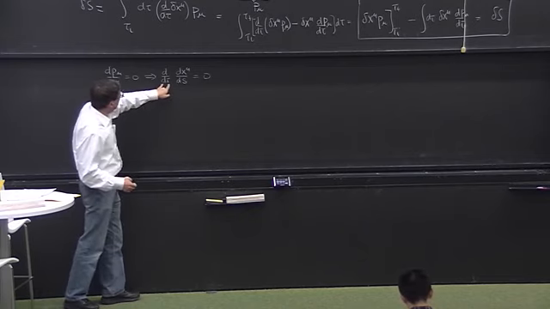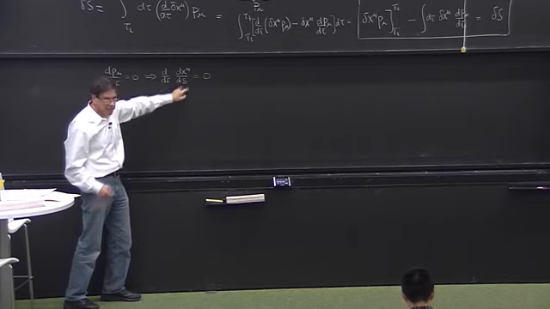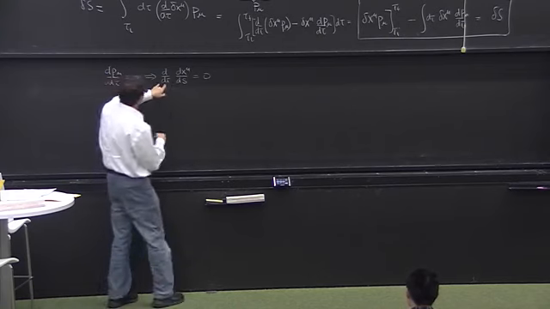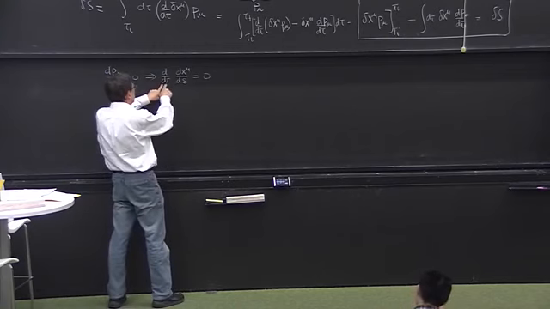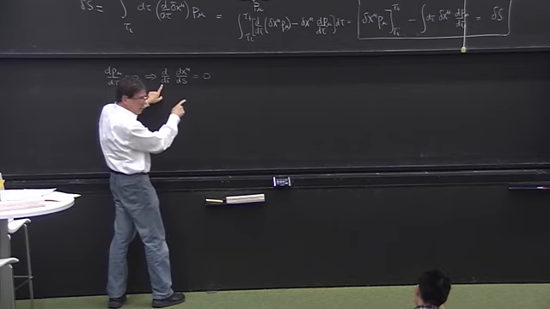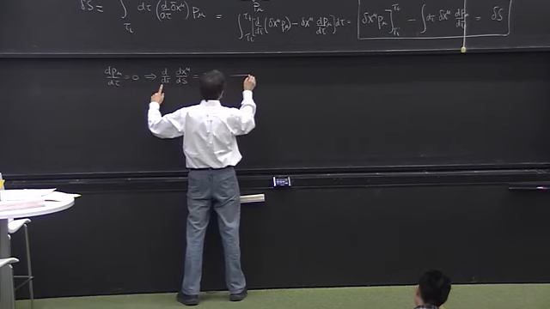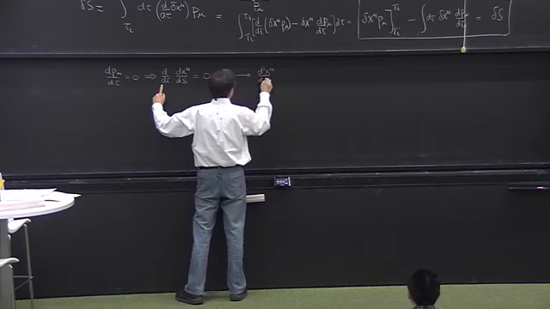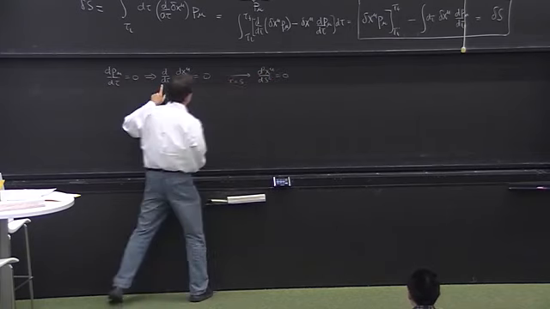There's two ways you can do this. This ds is not an arbitrary parameter. It's the proper time along the world line. And tau is an arbitrary parameter. So you could even choose tau to be s. And that's what sometimes people do in general relativity to simplify things. And this implies the second derivative of x mu with respect to s squared is equal to 0. You can choose tau equal s.